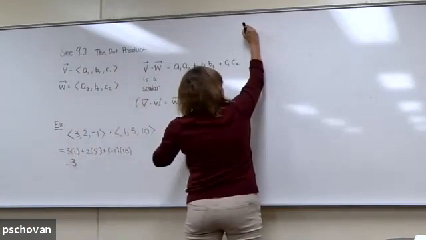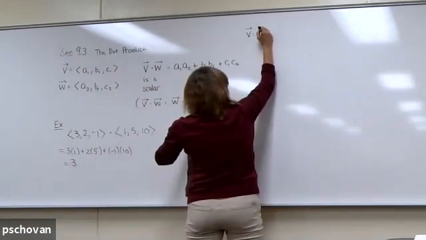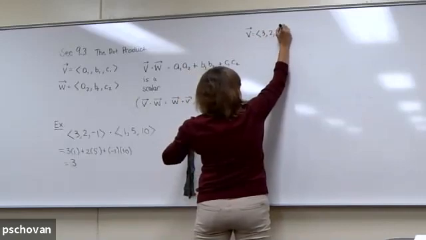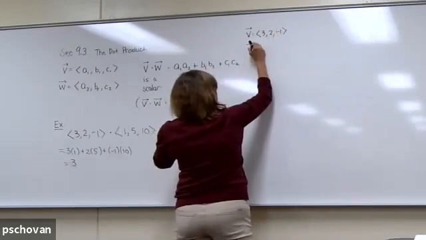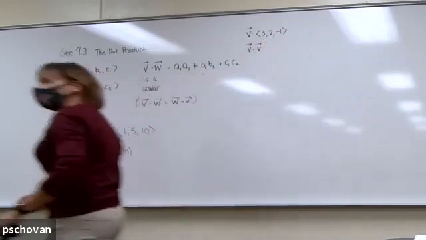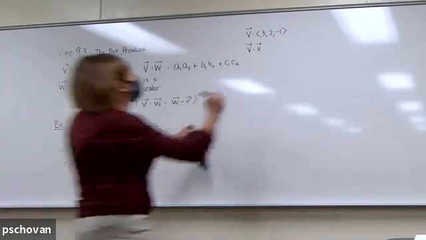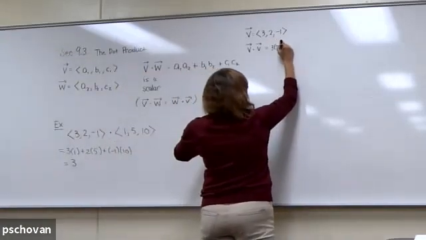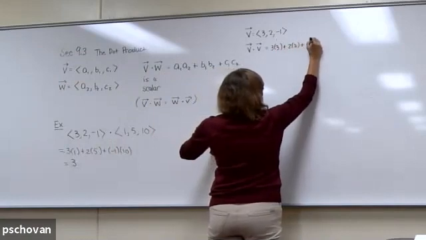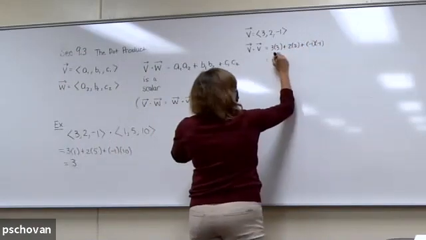Let's rename that first vector, vector V. And I want you to compute V dotted with itself. And what'd you get? 14? 3 times 3, 2 times 2, -1 times -1 is 14.